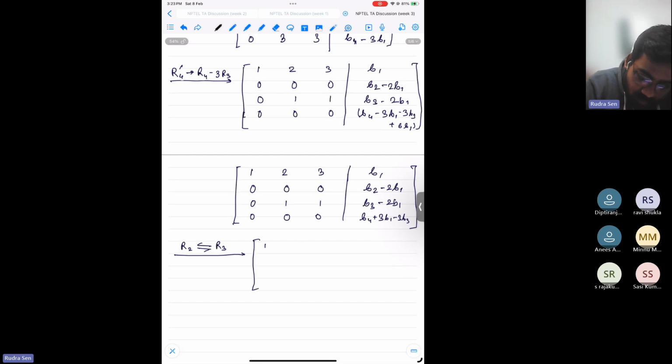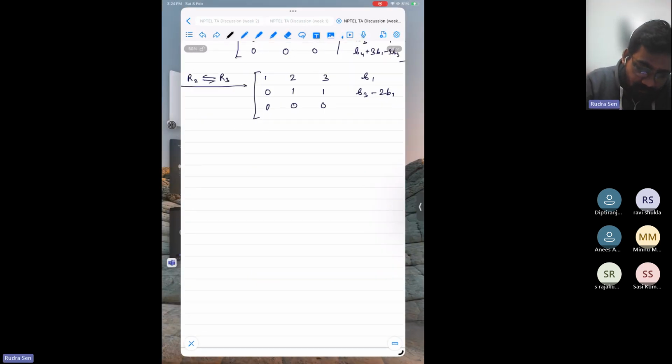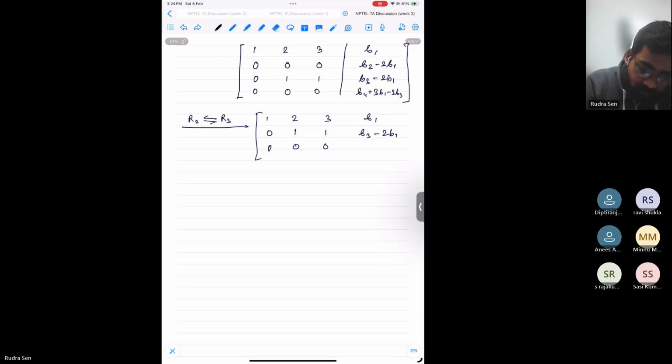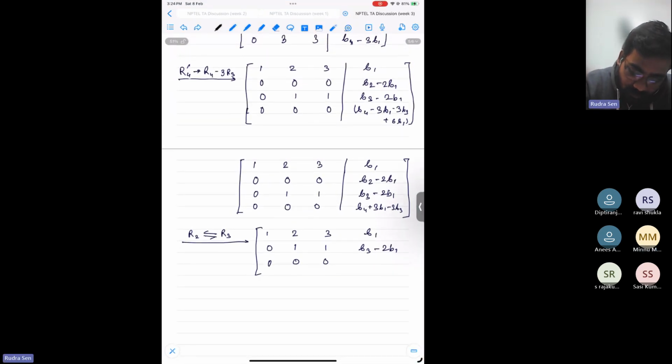I get 1, 2, 3, b1, then 0, 1, 1, b3 minus 2b1, then 0, 0, 0, b2 minus 2b1, and another 0, 0, 0, b4 plus 3b1 minus 3b3.